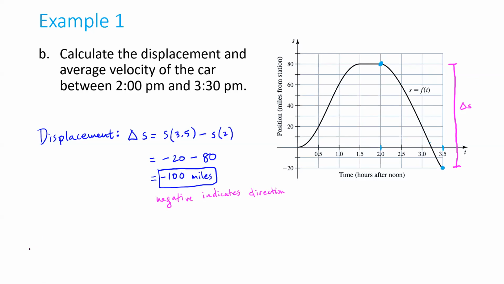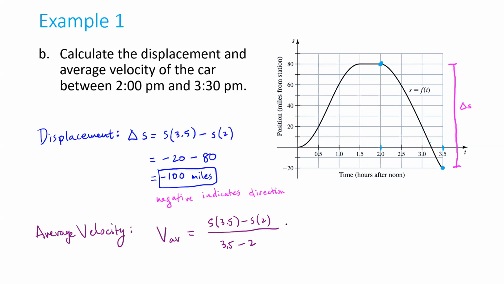Okay. And then let's look at the average velocity. So remember that would be his displacement divided by the change in time. There we had the displacement, which is what we just worked out, was -100. And then that was a total of 1.5 hours.